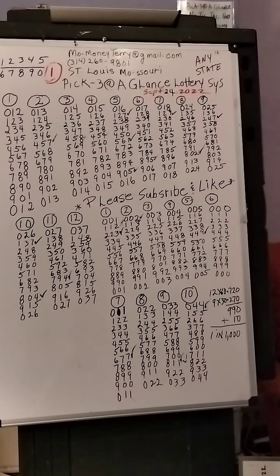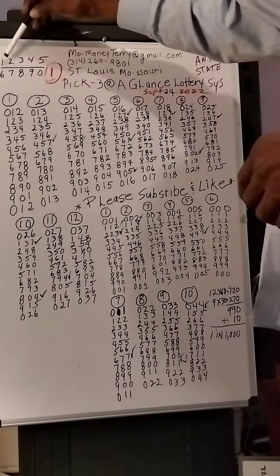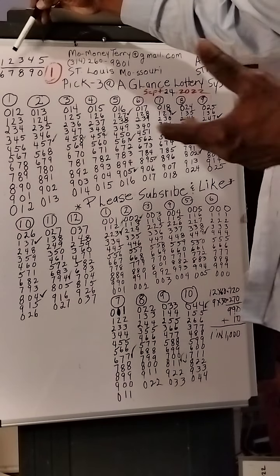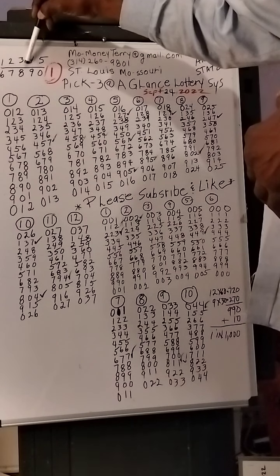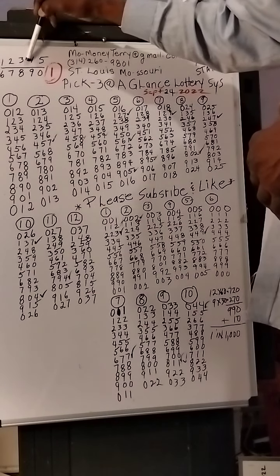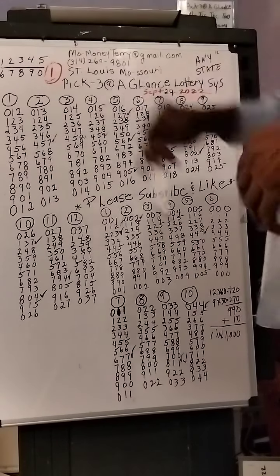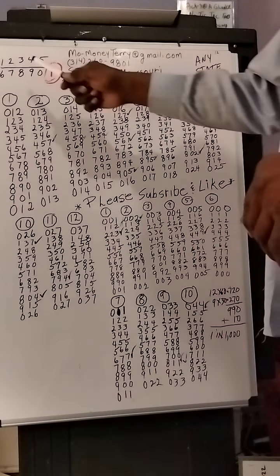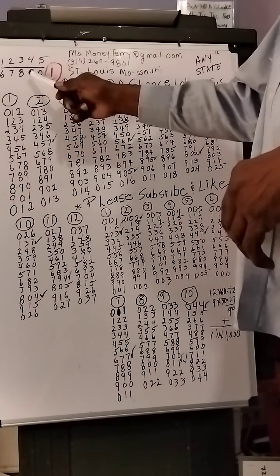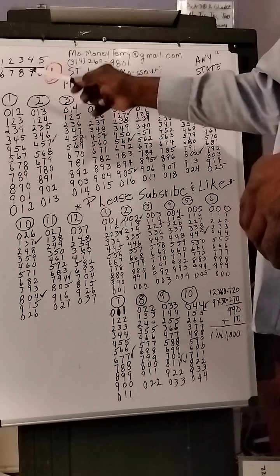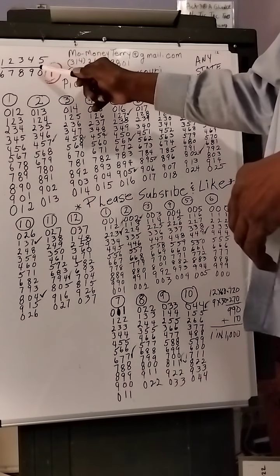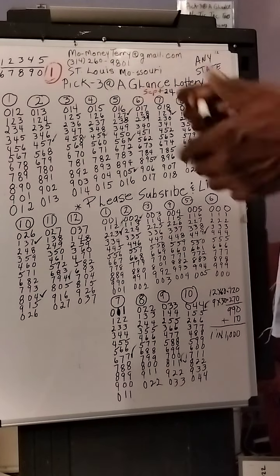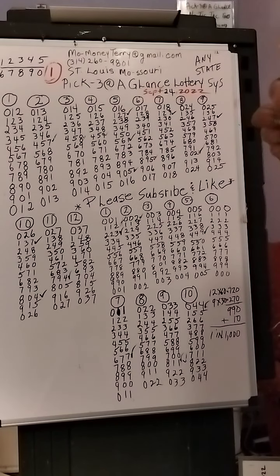All right. So let's say I was playing 1, 2, 3. In the lottery, wherever you play, they just played 6, 7, 8, the mirror or the opposite number of what you was playing, which was 1, 2, 3. If I played 8, 9, 0, and the lottery played 3, 4, 5, they just played the opposite number of what I was playing, which was the bottom half of the 1,000 numbers.